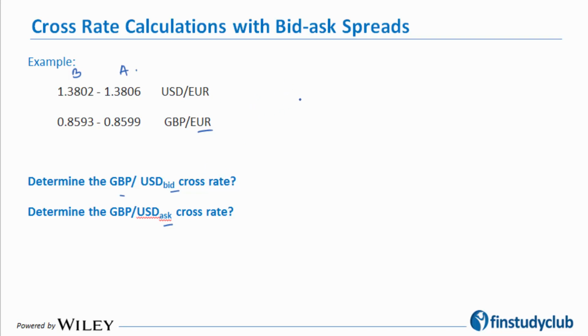We know that the GBP USD rate is equal to the GBP euro rate divided by the USD euro rate.